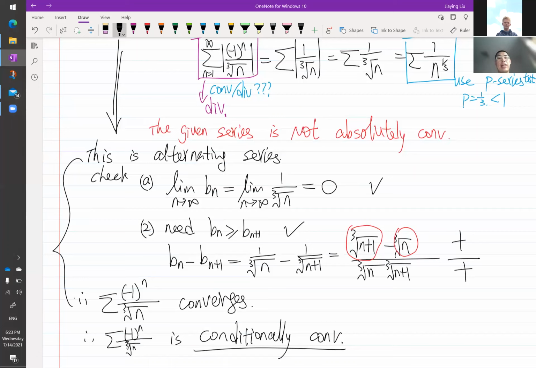It depends on the value. So I personally don't recommend plugging in numbers directly. Just find the difference, see if it's positive or negative. If you find out another way to do it, you can tell me. I'll share it with everyone.